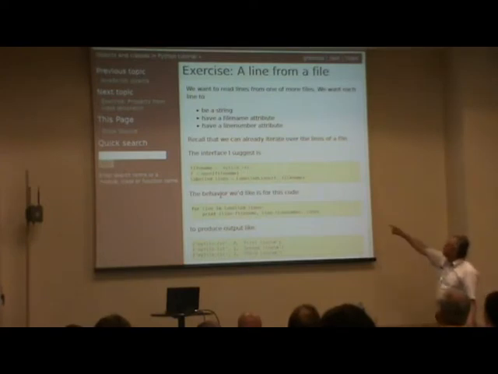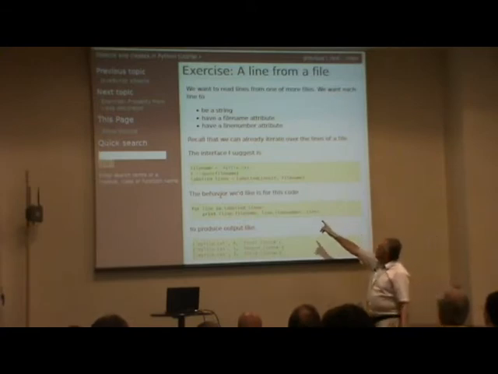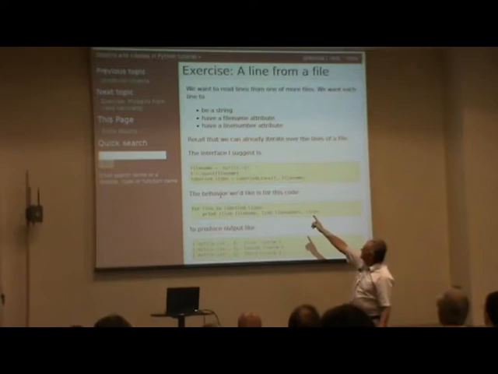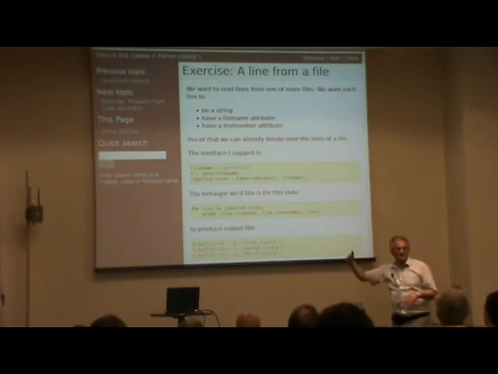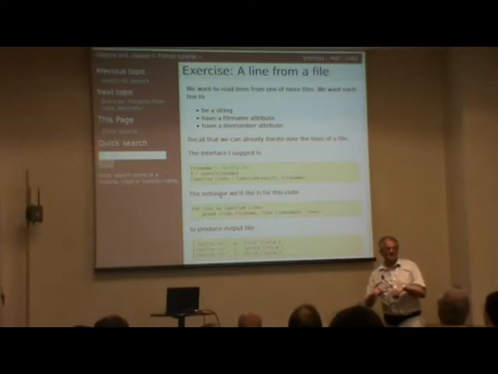And what we want to be able to do is pass a file and its file name. It might not be the same. You might be opening a socket or something, but we'll just keep them separate. But we want to label lines. We can iterate over a file and get the lines one at a time, but we don't get any information about the line numbers or anything. So what we want to do is iterate over the file, but we want the line numbers and the file name to be part of what we're getting out.